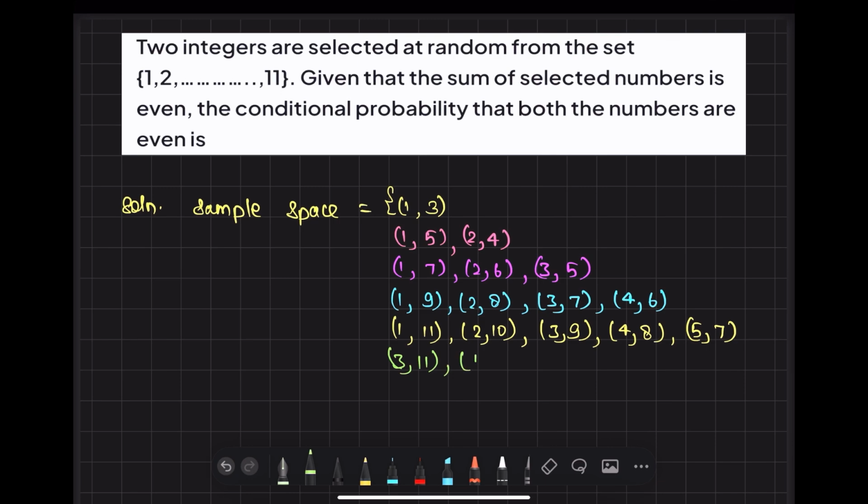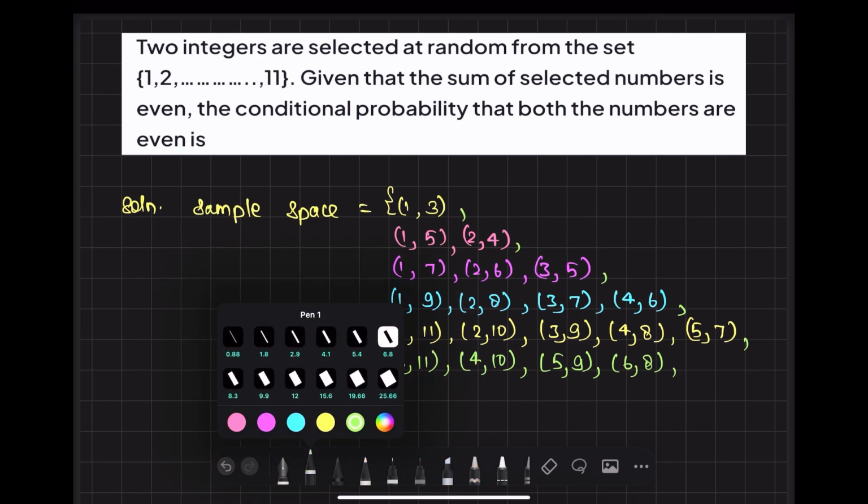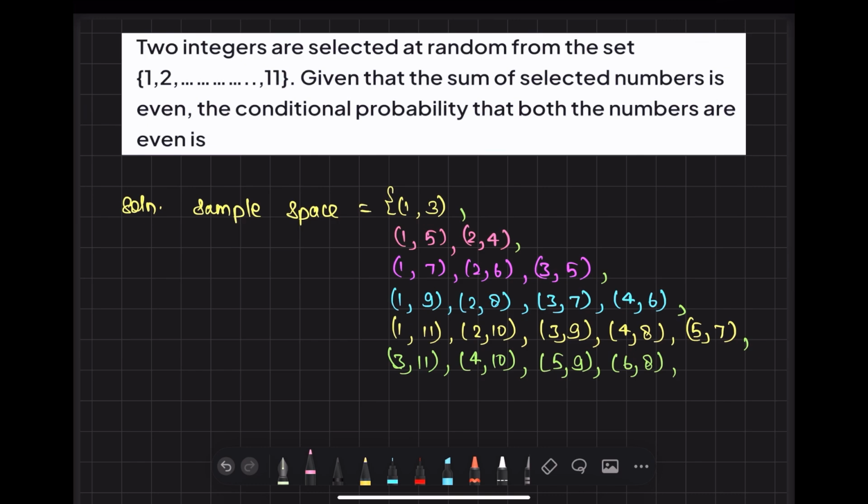Then we have 4 with 10, 14. 5 with 9, 14. 6 with 8, 14. Then 7 with 7, that is not allowed. So 14 is done.